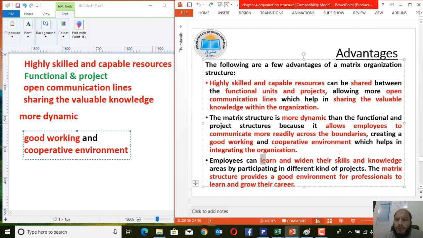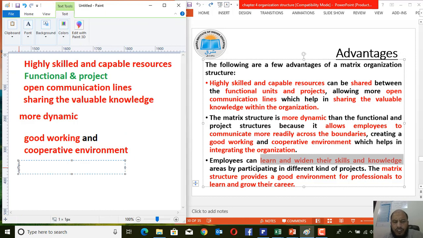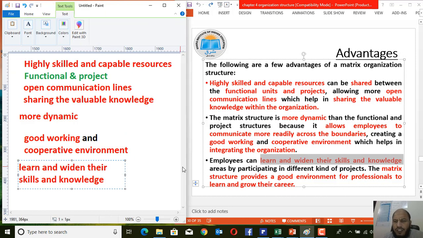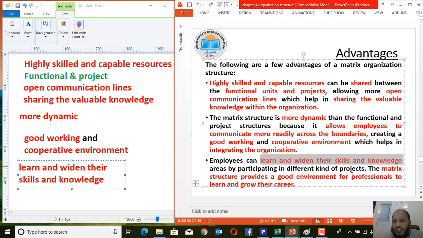Here employees will learn new knowledge and skills, and this structure provides a good environment for professional learning and to grow your careers.